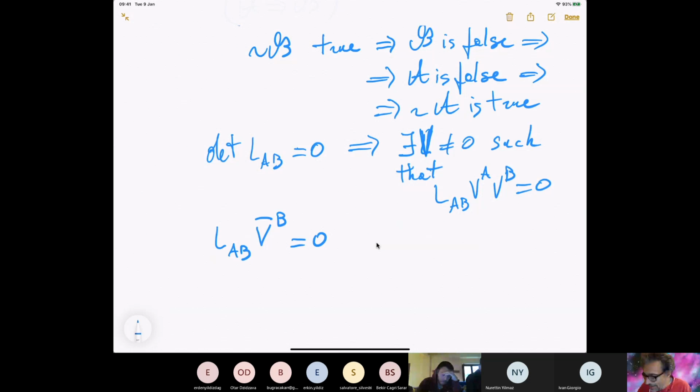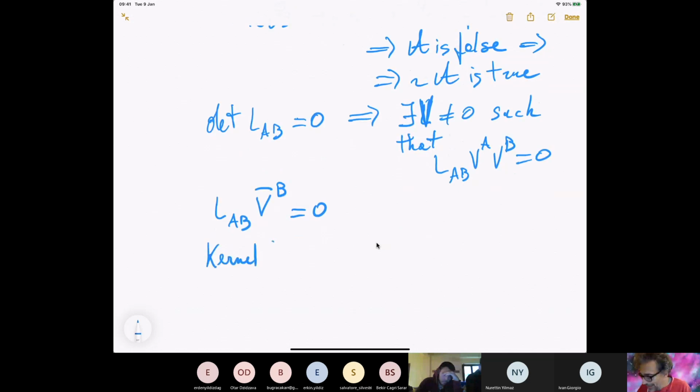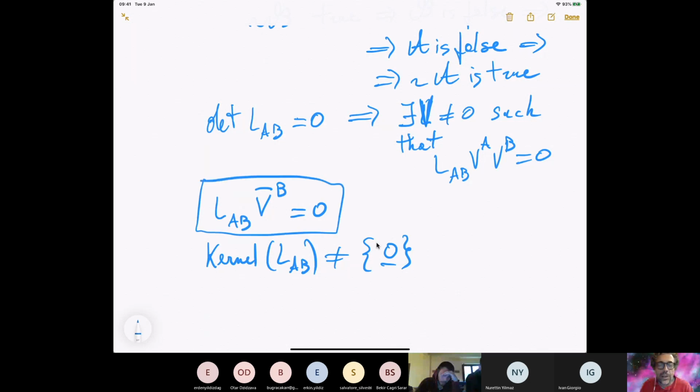I know that the kernel of LAB is different from the singleton of 0, of the vector 0. You know, the solution of this homogeneous linear equation is made by the only vector 0 if the matrix LAB has determinant different from 0.